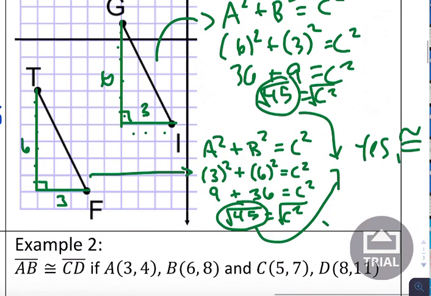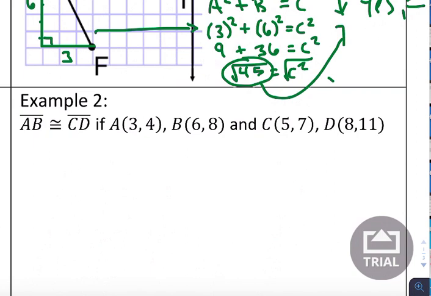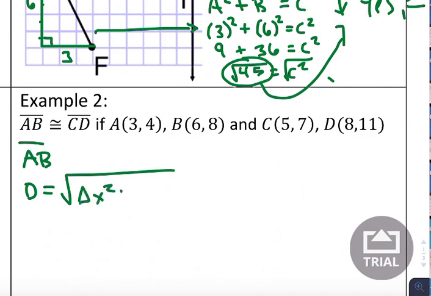Right? So down here, much the same. Here, I think I'm going to utilize the distance formula simply because we don't have a triangle to actually use. And so the distance formula is going to be the square root of a change in x squared plus a change in y squared. And so we can just count that. So the change in x goes from 3 to 6, and so that's going to be 3 squared.